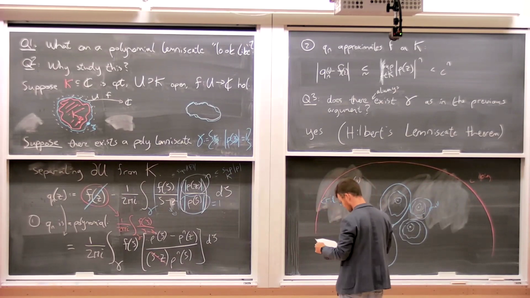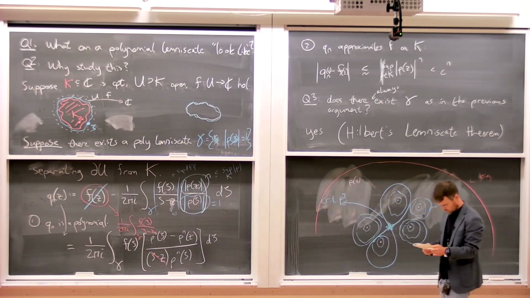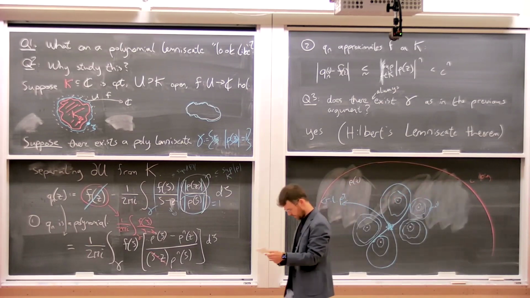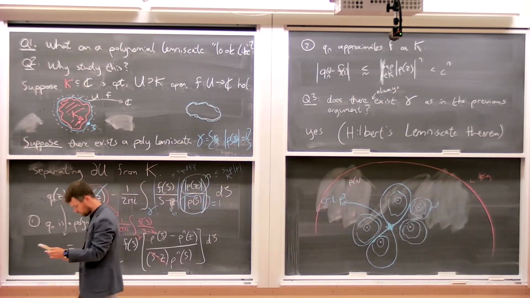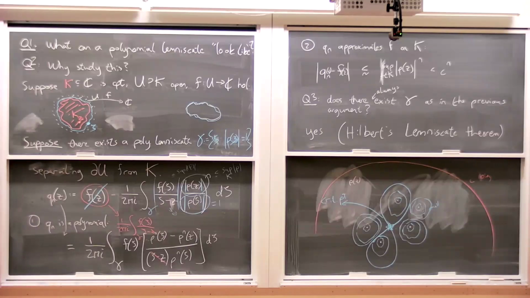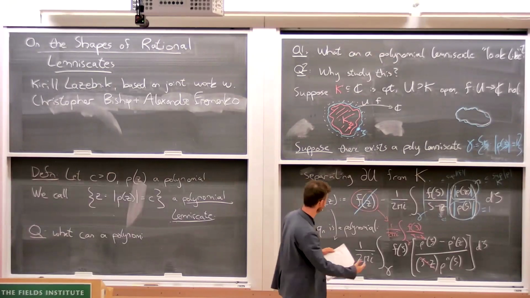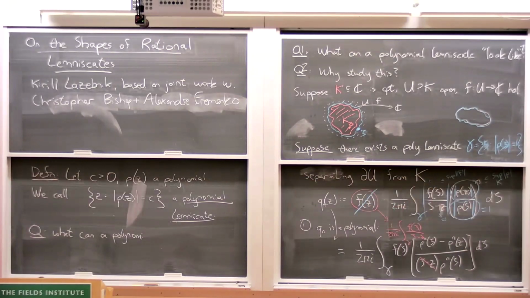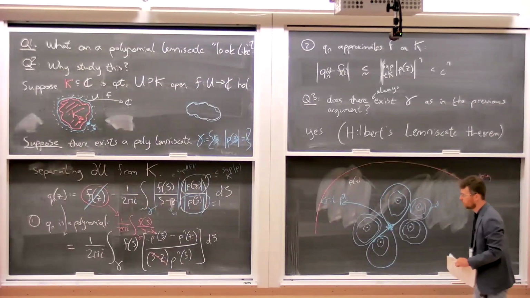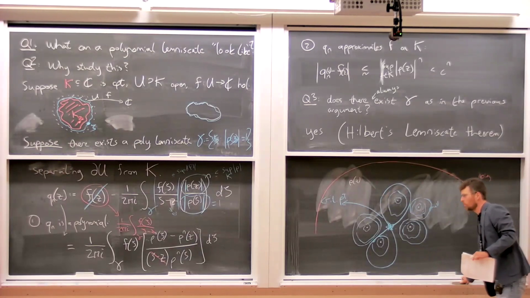So let's see, in my notes, what do I want to say next? Right, so let me put the definition of what a topological Lemniscate is, and our result will be that any topological Lemniscate can be approximated in a precise sense by a polynomial Lemniscate.